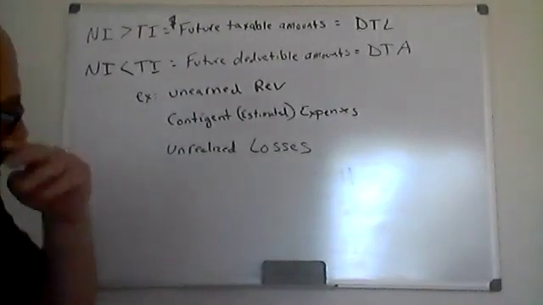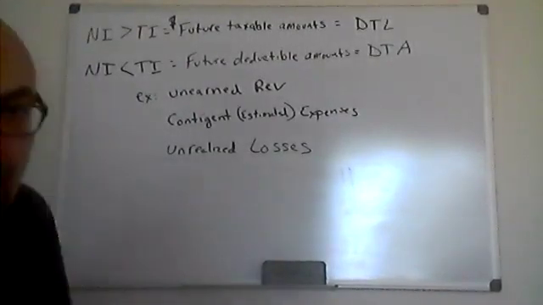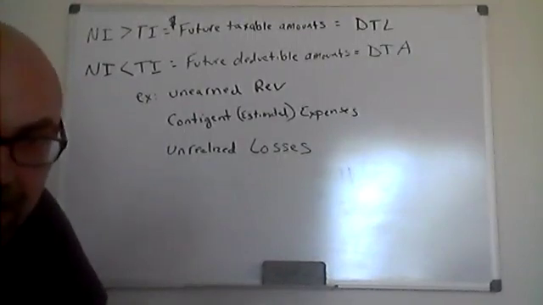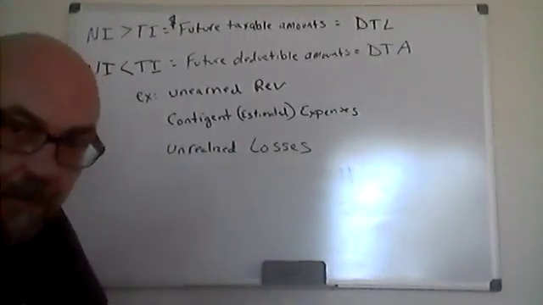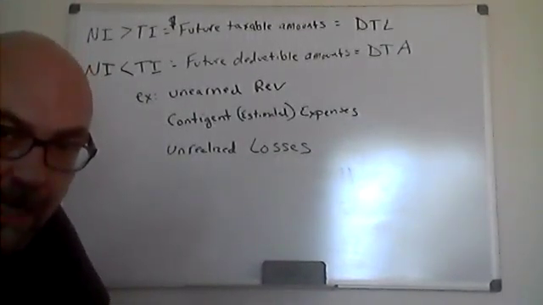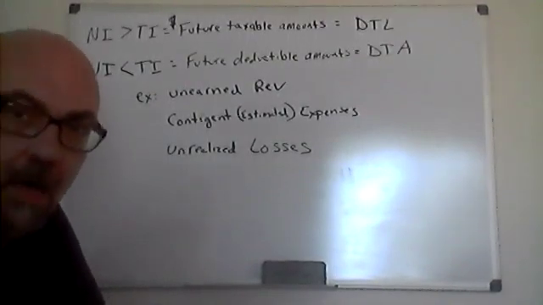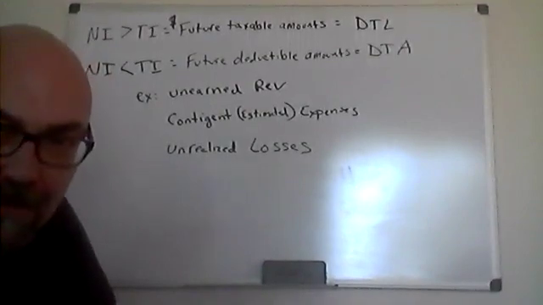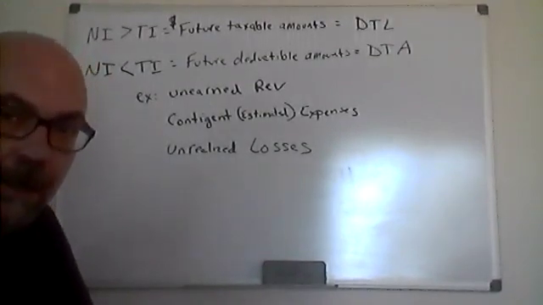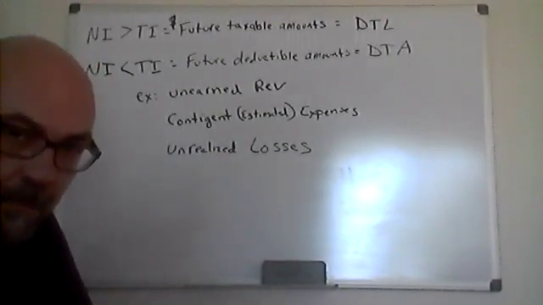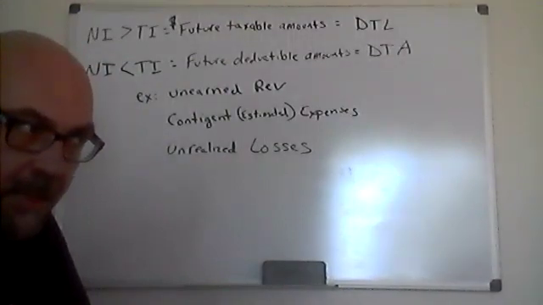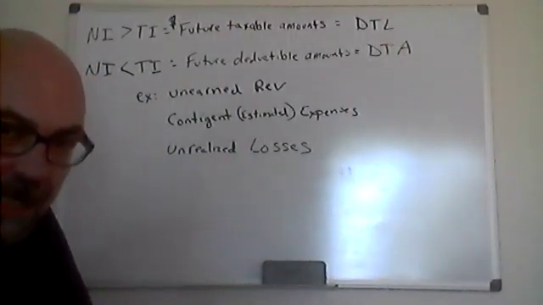On the other side, the main losses we're going to worry about are contingent losses. We covered those back before semester break, I believe in chapter 14, when we talked about liabilities. Contingent losses are things that may or may not happen, and they were either probable, possible, or remote.